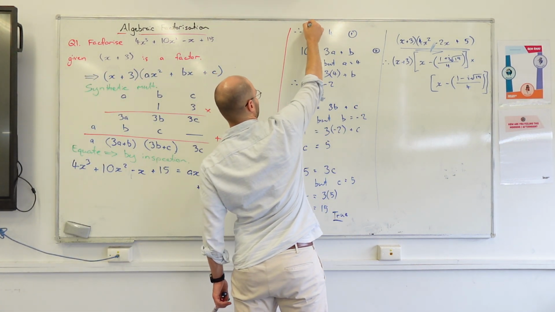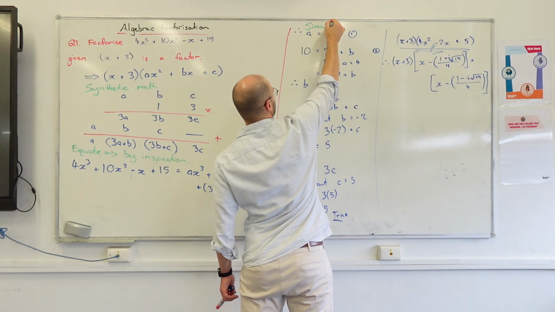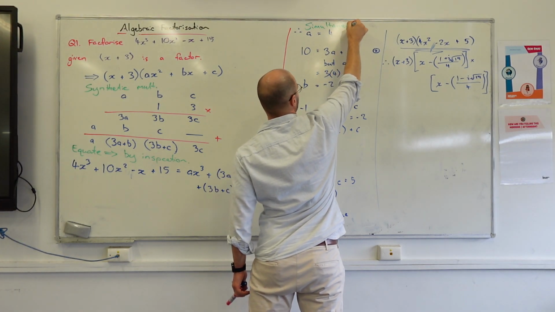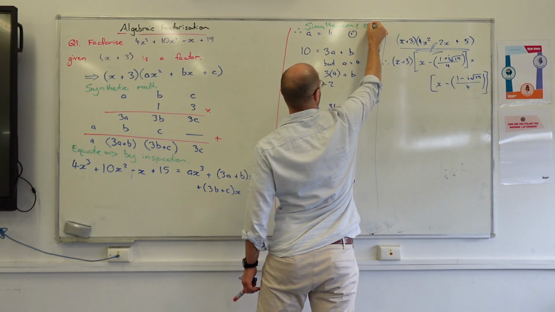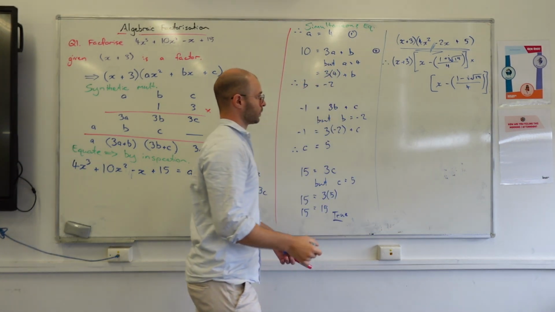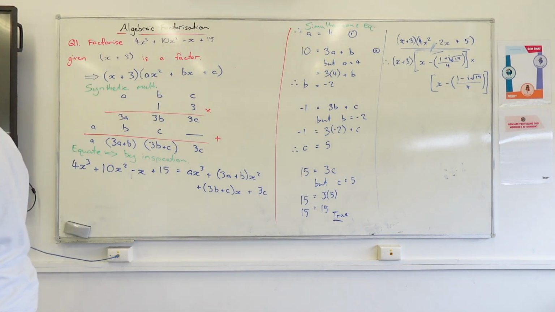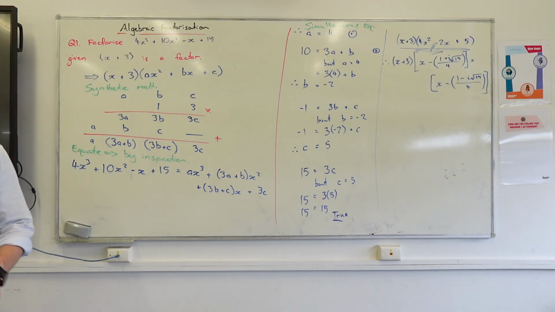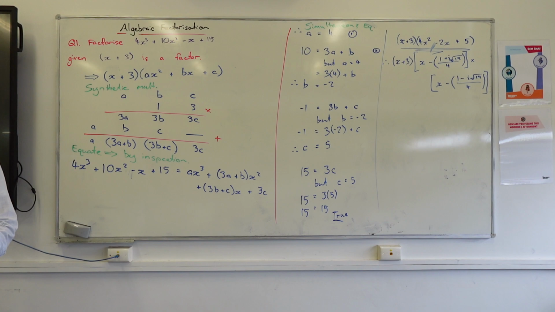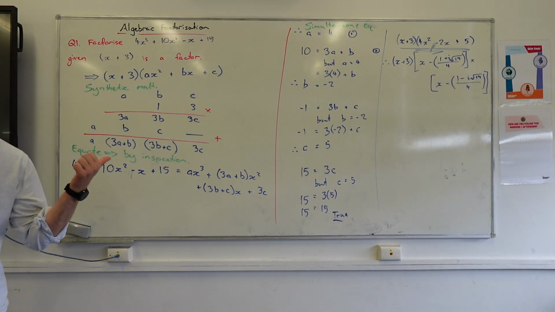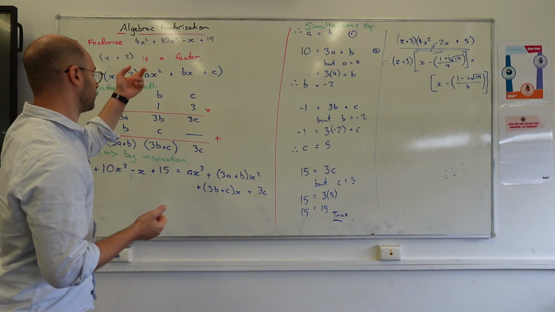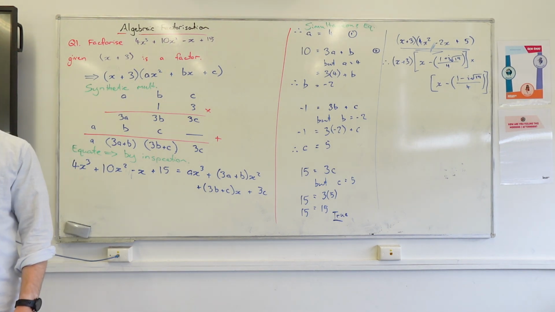Then you just go simultaneous. So this is, I believe, a fourth method that you're adding to your toolbox on how to find roots, or how to, in this case, fully factorize. All cool?